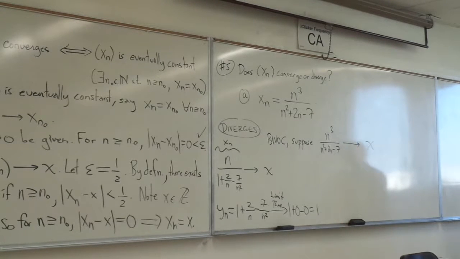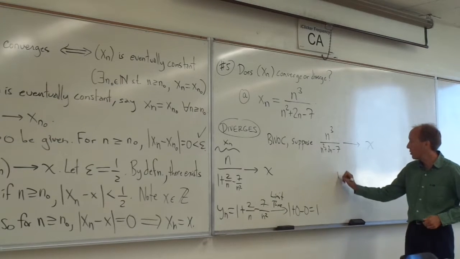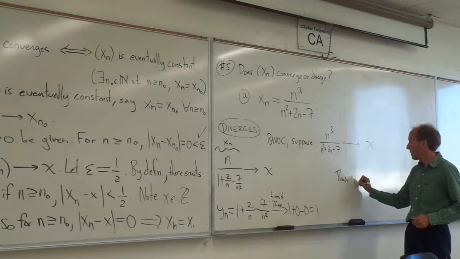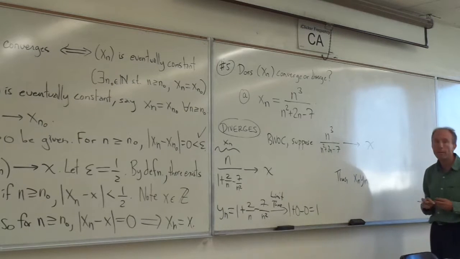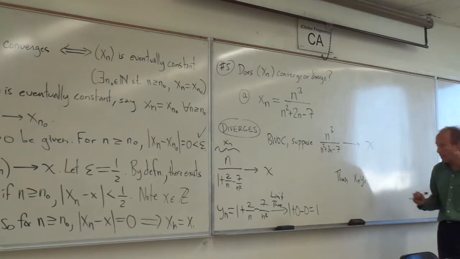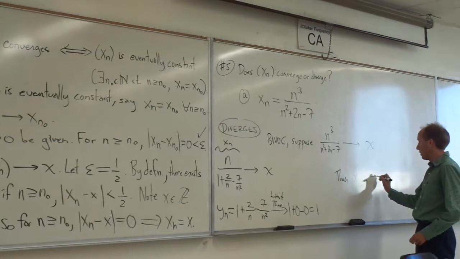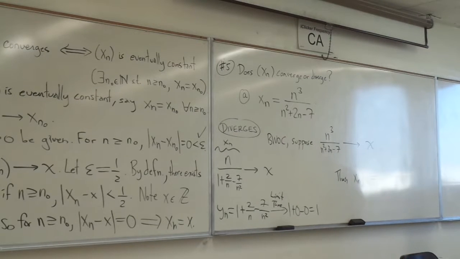So xn converges and yn converges. So what could we do? I could multiply them together, and the product would have to converge as well, right? So thus, xn times yn would literally be equal to n, right?